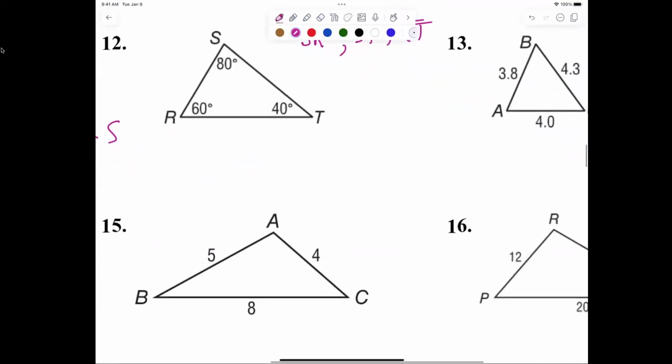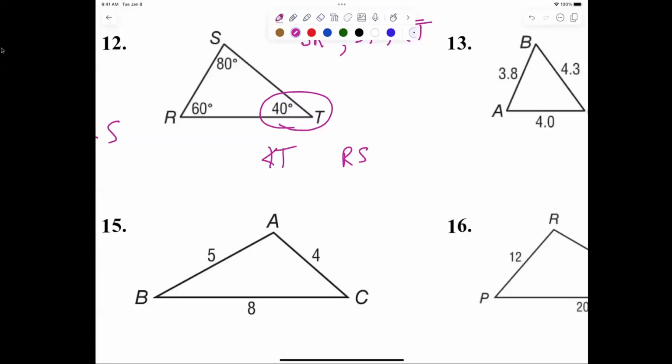So here's something that I think is helpful if you listen. Which one is the smallest angle here? So when I say angle T, the other two letters are the sides. So everybody, come on now, watch what I'm saying. Angle T is the smallest angle, correct? So I can just write RS.